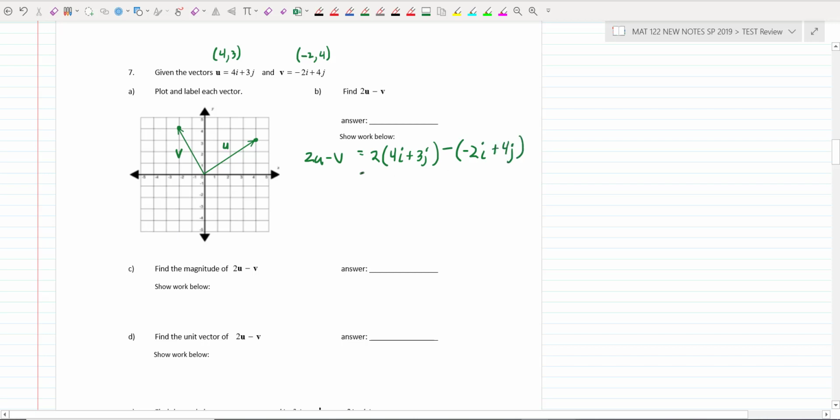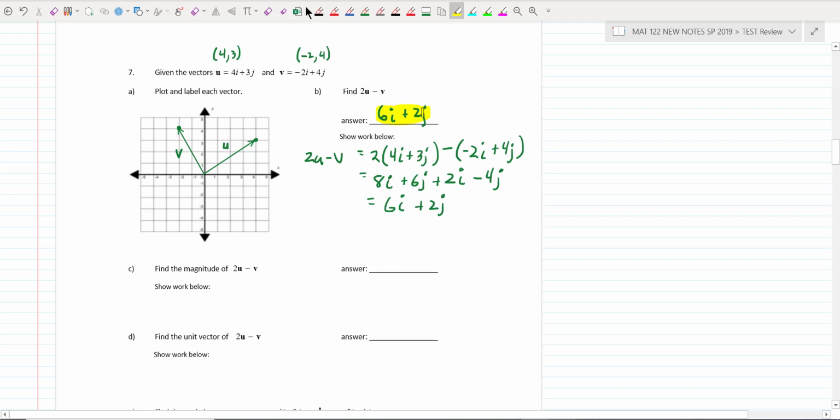It's just like algebra, so this would be 8i plus 6j plus 2i minus 4j, and then this would be 6i plus 2j. So that would be the answer. That's just algebra of vectors.